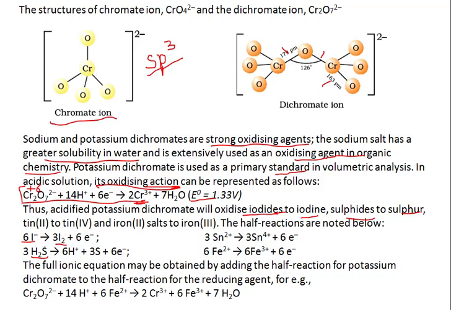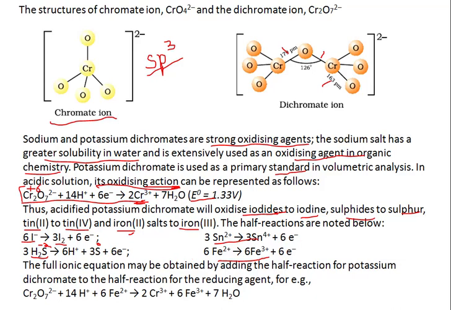In H2S, sulfur has -2 oxidation number and it changes to 0, so there is an increase in oxidation number. As a result, we say that it undergoes oxidation, and this oxidation is carried out by the dichromate ion. In the same manner, tin 2 to tin 4 and iron 2 to iron 3, that is ferrous to ferric, as you can see in both these reactions. So do remember these reactions with balanced equations.